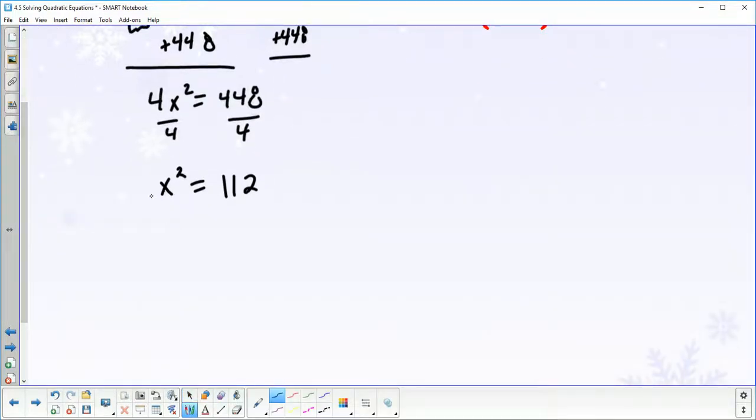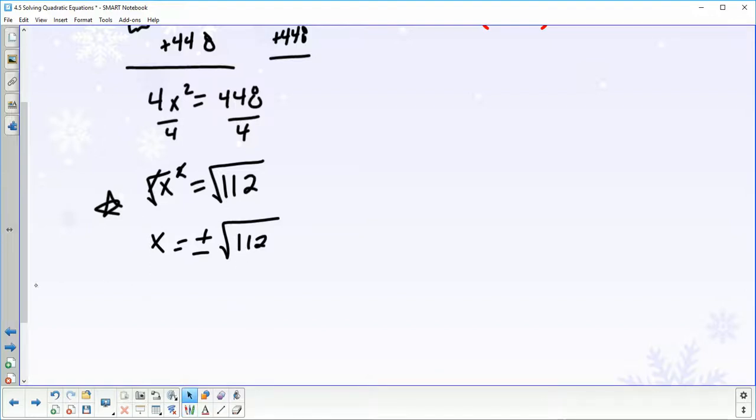This is the point where we're going to square root both sides so that the square and the square root cancel out and we have just an x. When we do that over here, this is where your two solutions come in. We need to have a plus and a minus square root of 112.